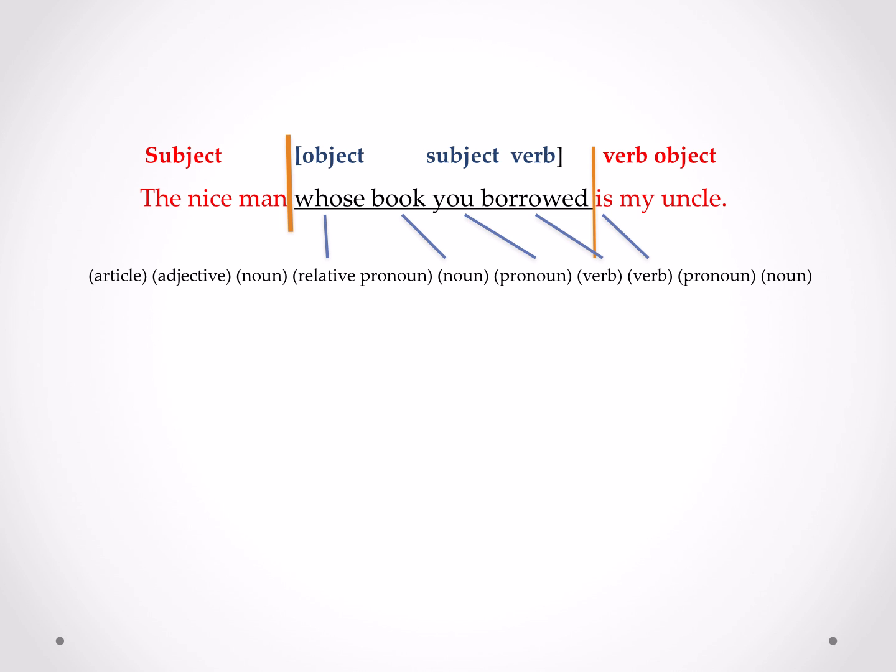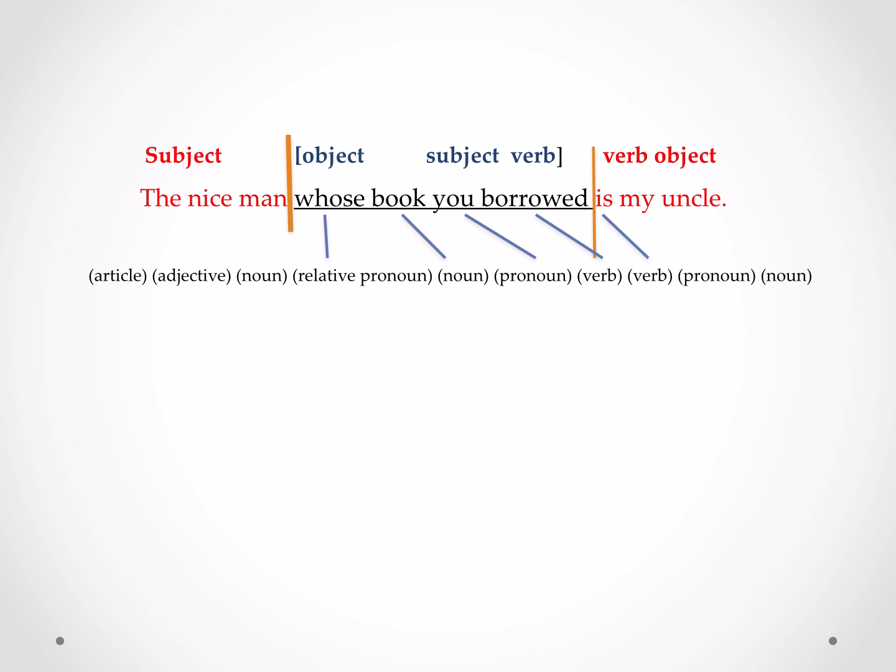The nice man is. The second clause in this sentence is, whose book you borrowed. Like all clauses, it must also have a subject and a verb. The subject is you, the verb is borrowed, and the word whose refers back to the man, and it's a subject of the verb borrowed.